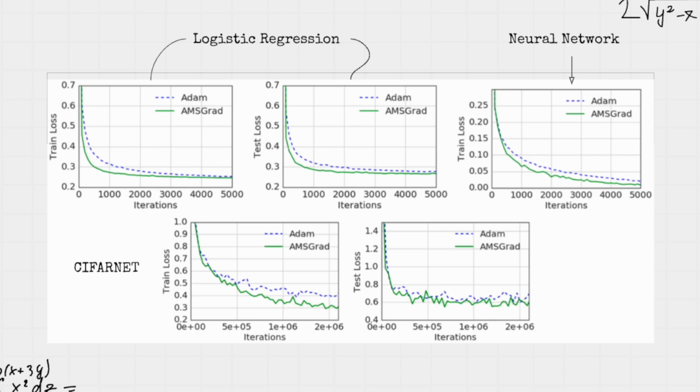The figures in the bottom row are the training loss and testing loss with respect to the iterations for CIFARNet using the CIFAR10 dataset, where inputs are images with shape 32 times 32, and we can also tell that AMSGrad also surpassed Adam in this scenario.